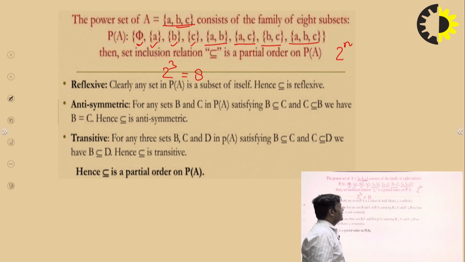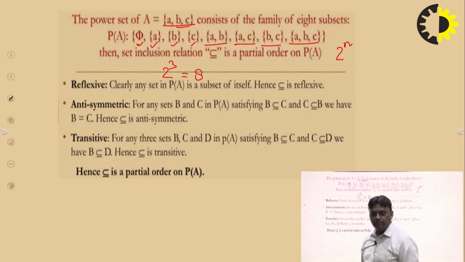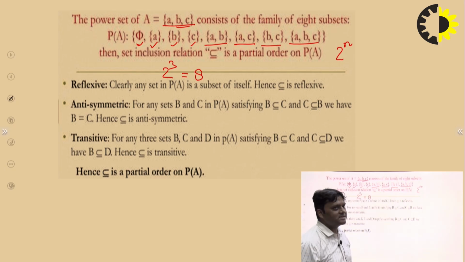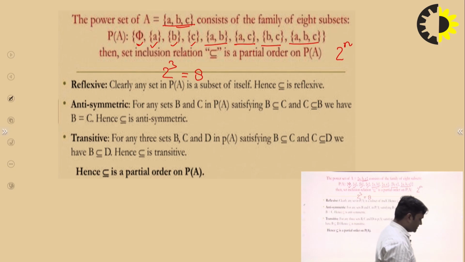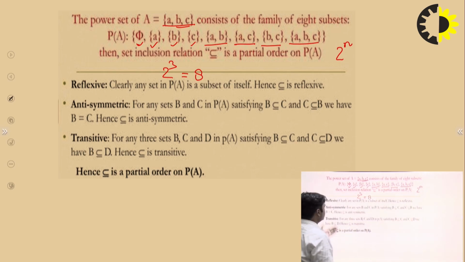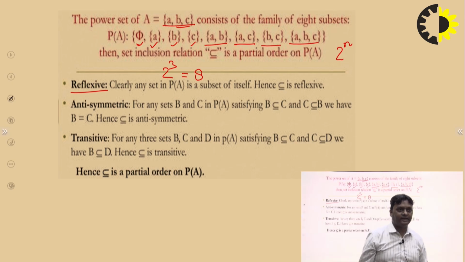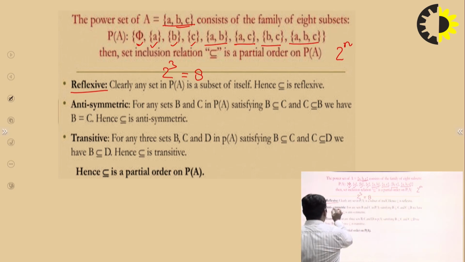Here we have to check whether the power set of A is a partial order set or not. Like the previous example, if it fulfills these three conditions, then this power set will be a partial order set: reflexive, antisymmetric and transitive.